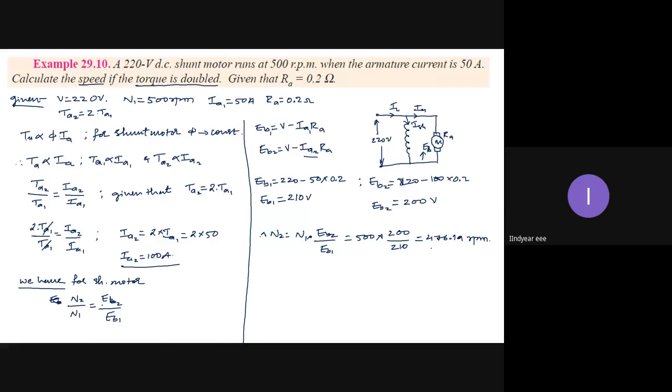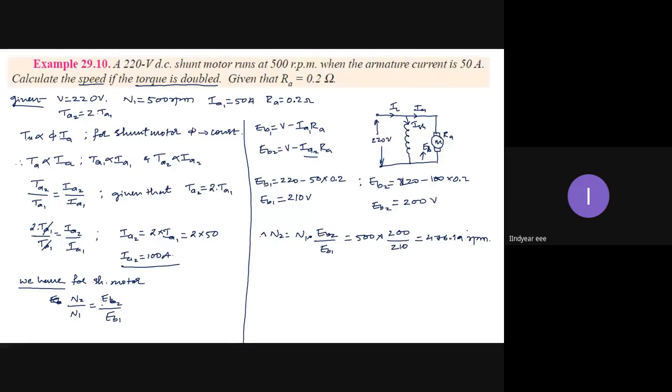Also we have seen that the DC shunt motor is a constant speed motor. Constant speed in the sense it is not like a synchronous motor where the speed is either synchronous or zero. It is fairly constant. In the characteristics we will study, the speed of the DC shunt motor will fairly remain constant.